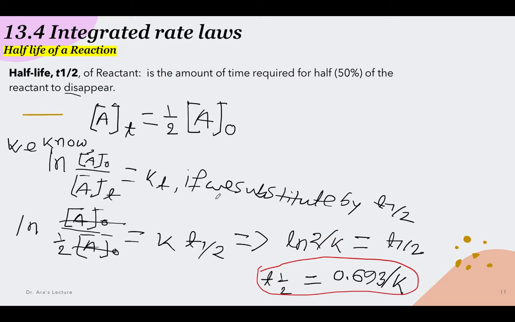So here we substituted T half, and if we convert the ln, then ultimately we rearrange and find the value is here. T half equals ln 2 divided by k, and the ln 2 value is 0.693, so 0.693 divided by k.